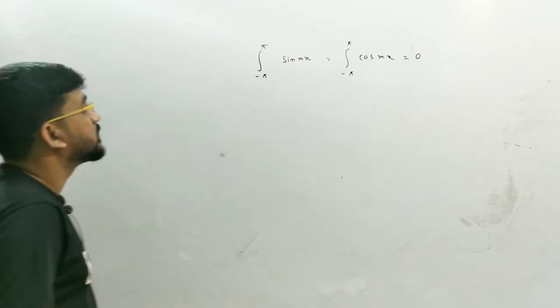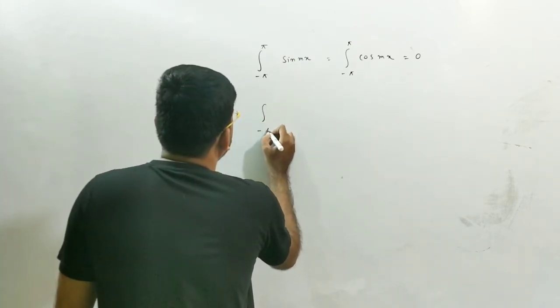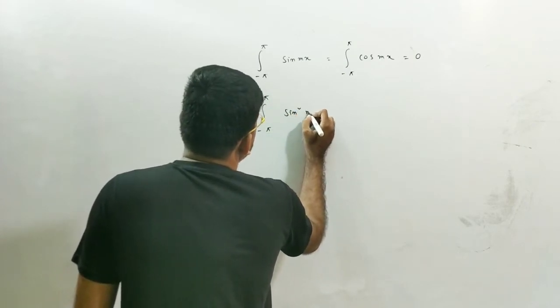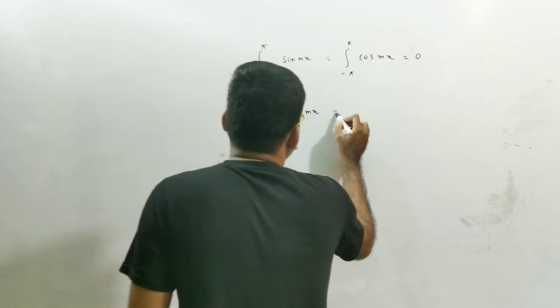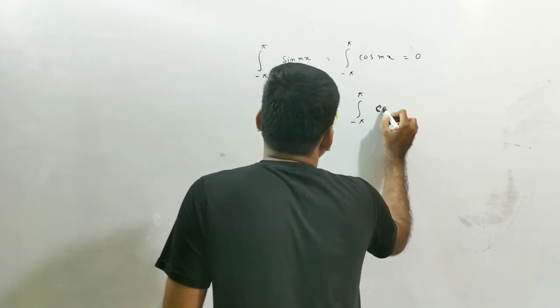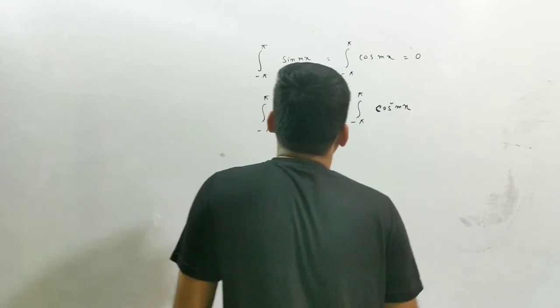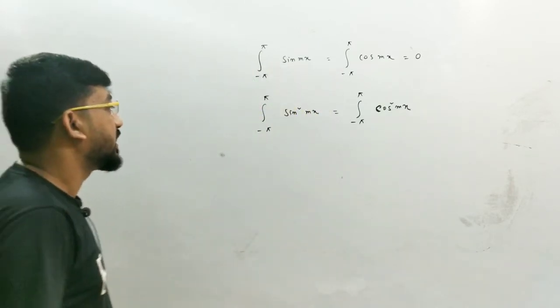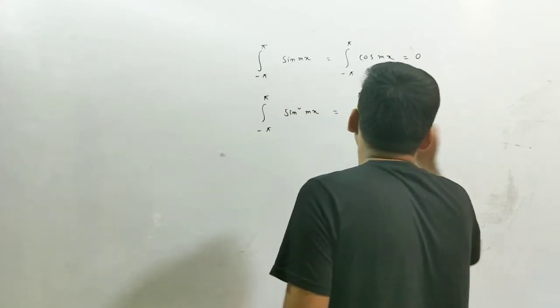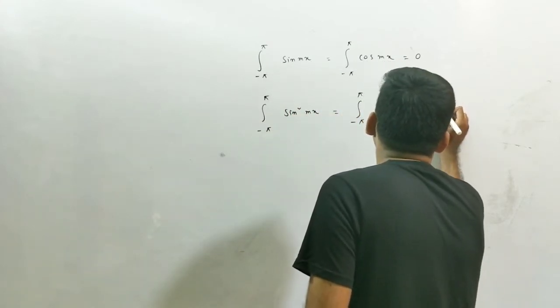And the integration from minus pi to plus pi of sin square mx is equal to the integration from minus pi to plus pi of cos square mx, or nx, whatever you write.